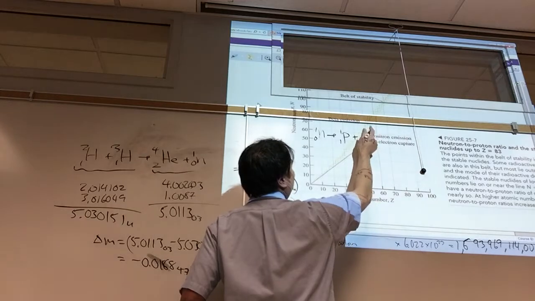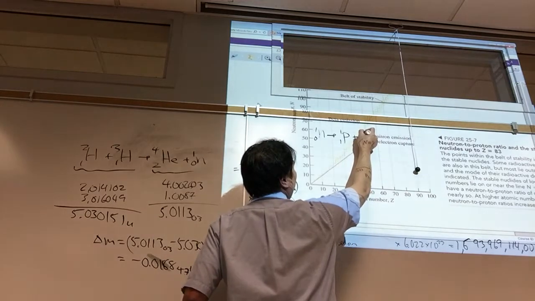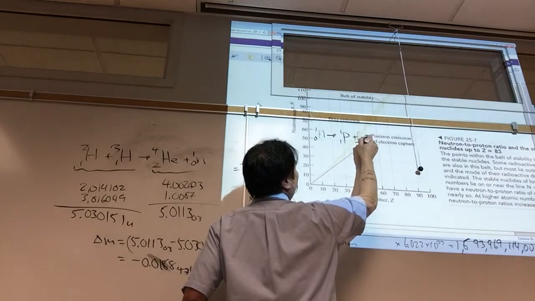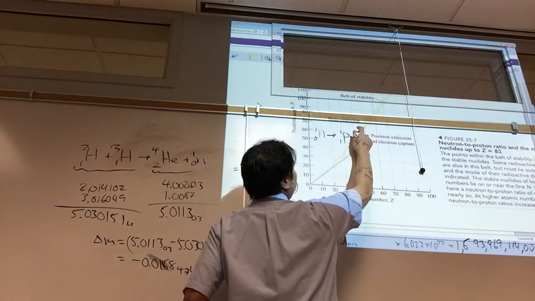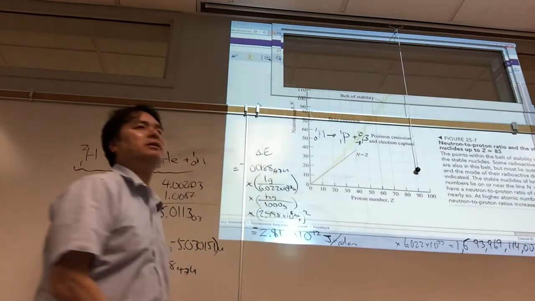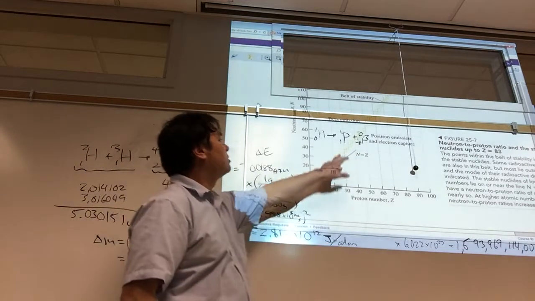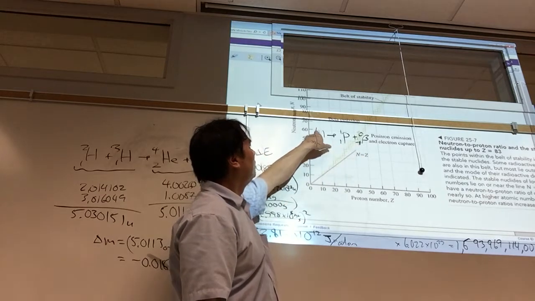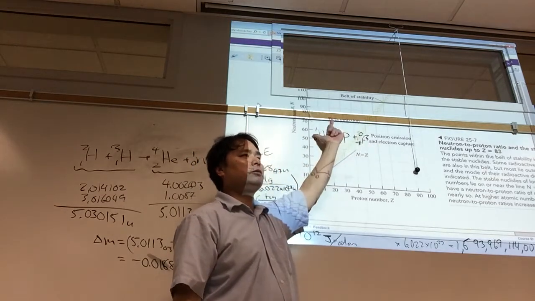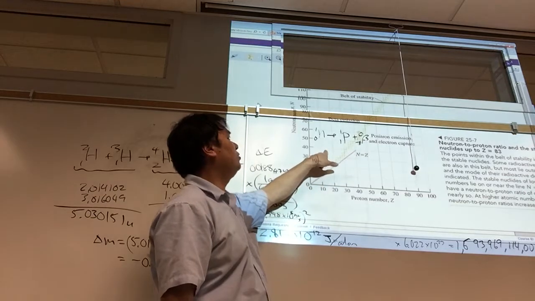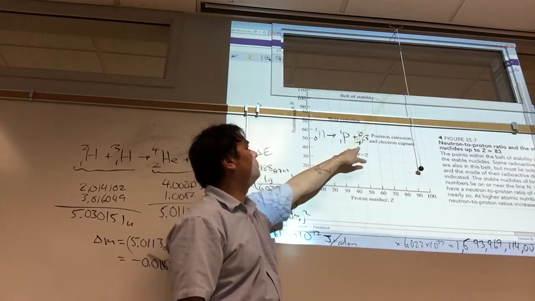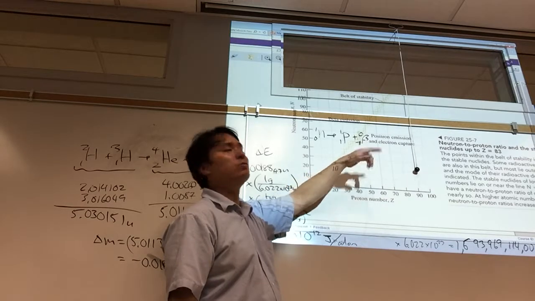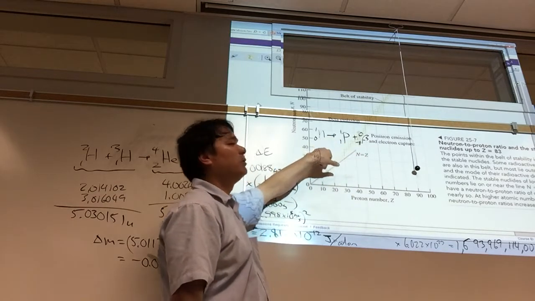A beta has 0 for its mass and -1 for its Z, its charge. Do you see how it adds up? And so here, if we look at the proton, 1 minus 1 is 0, and 1 and a 0 is 0. And so if we have too many neutrons, we can undergo beta emission to convert a neutron into a proton. And so radioactive isotopes in this region will have beta emission.